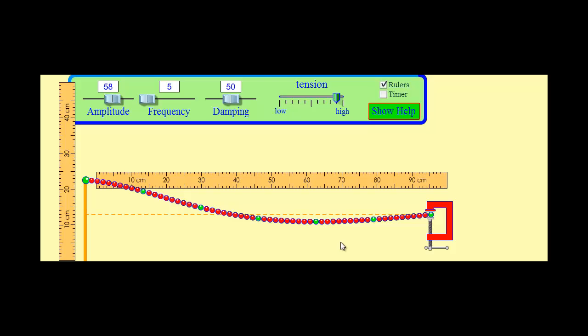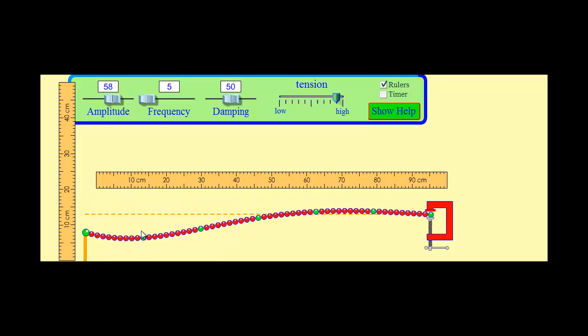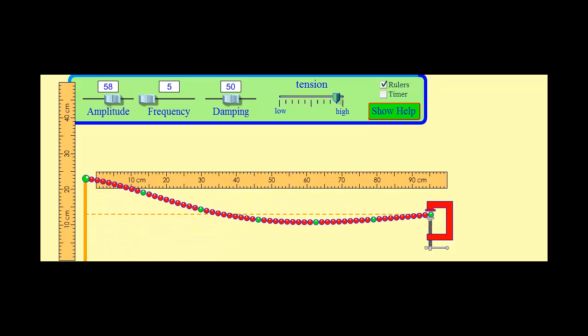Now, what is amplitude? Amplitude is the maximum displacement of a particle from the rest mean position. You see, each of the particles is vibrating. They're going up and then going down, like this.